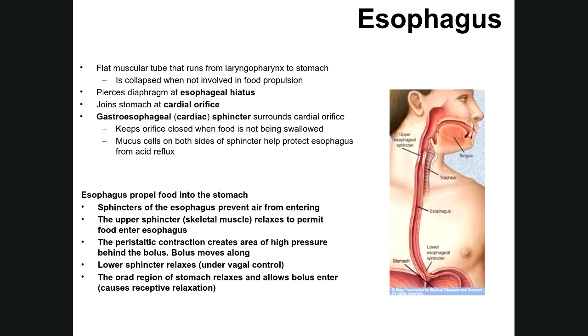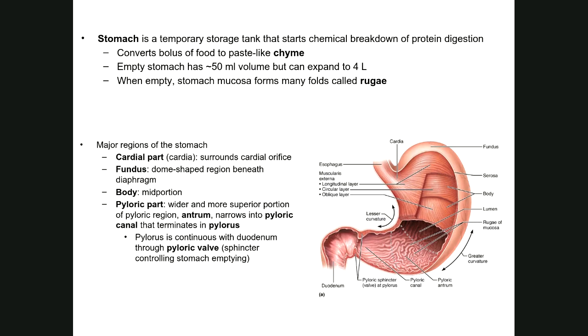Next, the mechanical and chemical functions of the stomach. The stomach is a temporary storage tank that stores the food. It can store up to 4 liters. Here, the food is no longer called bolus.